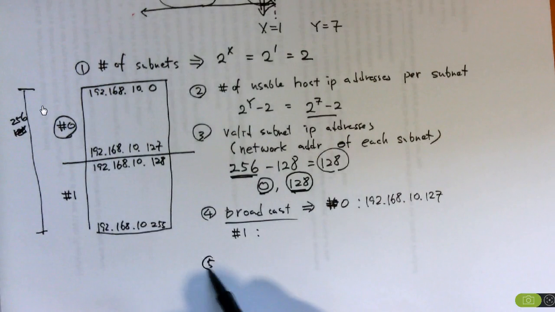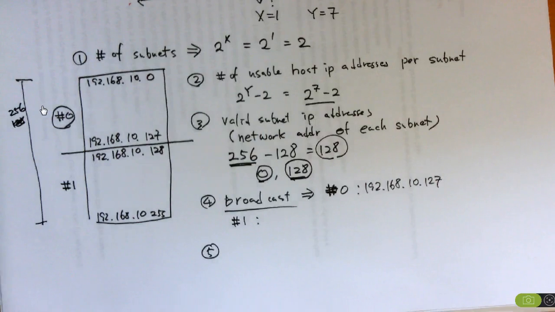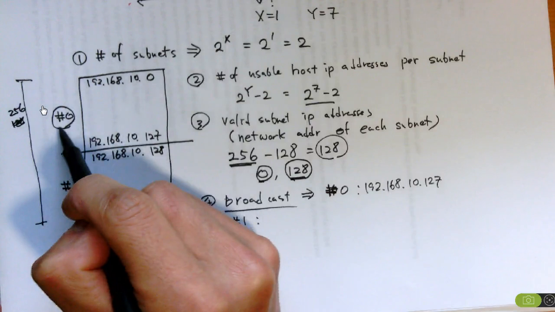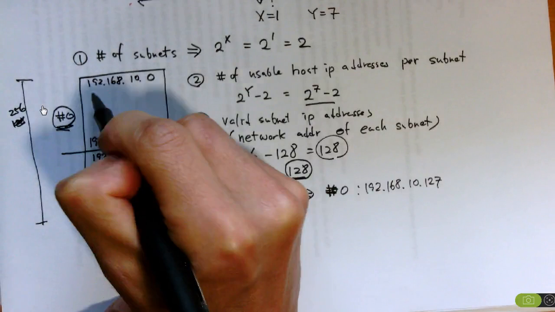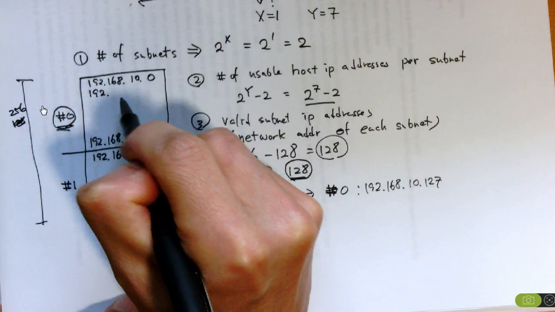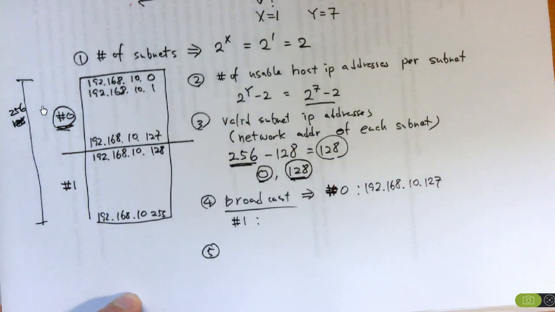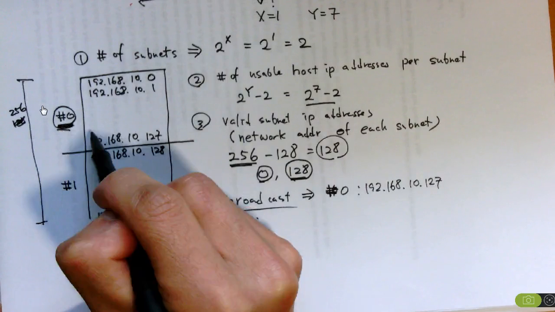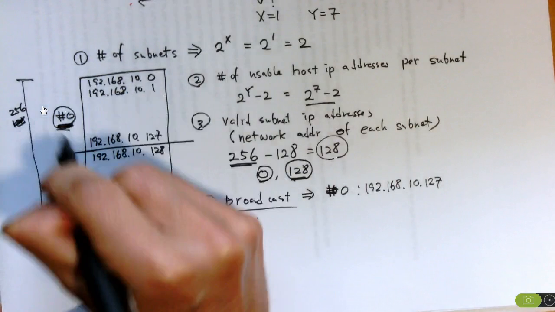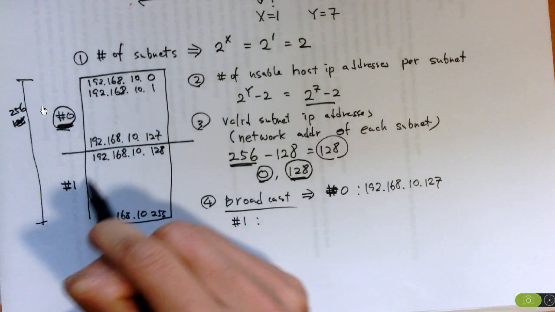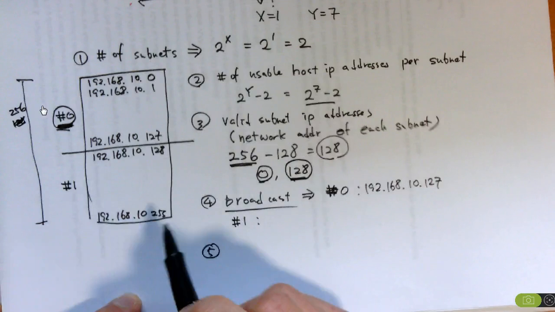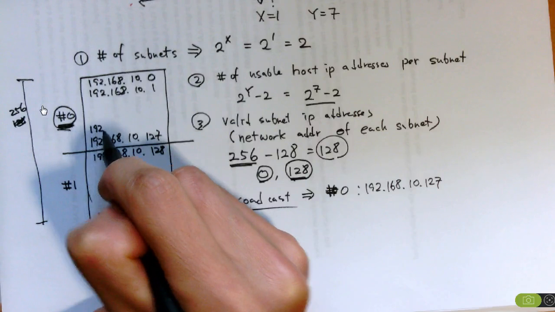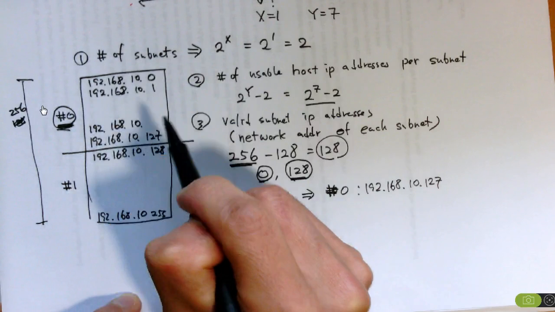Number 5 is about the first usable host IP address and the last usable host IP address of each subnet. The first usable host IP address of subnet number 0 is 192.168.10.1.